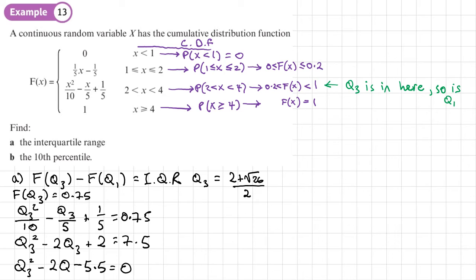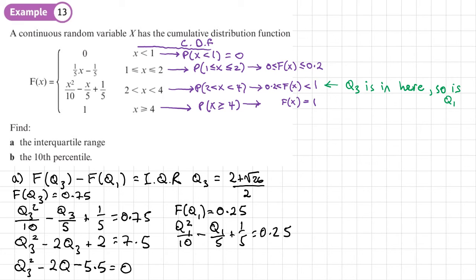So now we're going to find Q1. We know that F of Q1 equals 0.25. We're using the same function, so it's going to be Q1 squared over 10 minus Q1 over 5 plus 1/5 equals 0.25.